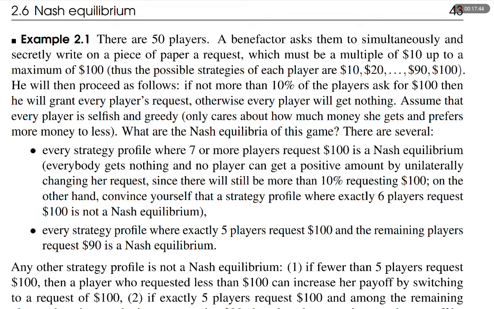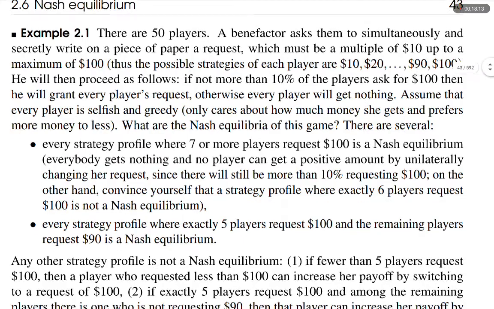Thus, the possible strategies of each player are $10, $20, ..., $90, $100. He will then proceed as follows. If not more than 10% of the players ask for $100, then he will grant every player's request. Otherwise, every player will get nothing.